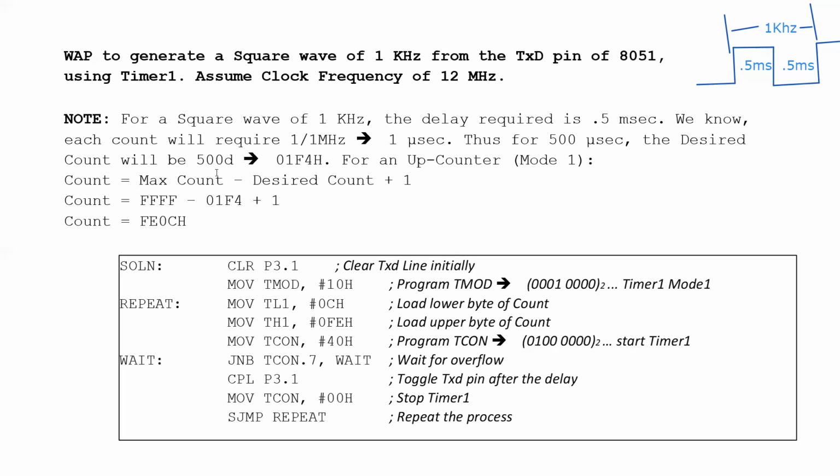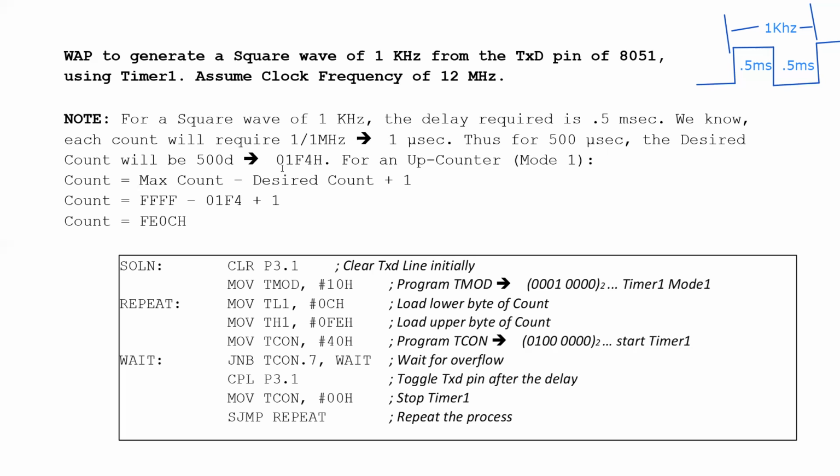You can't subtract 500 from FFFF because 500 is decimal and FFFF is hex. So both should be in the same number form, whether decimal or hex.